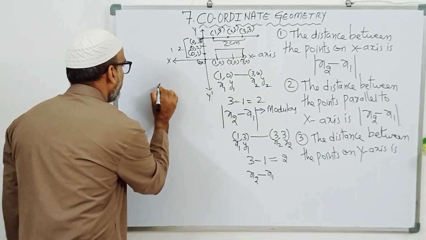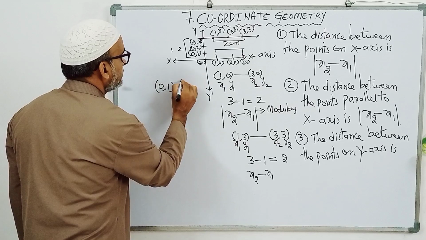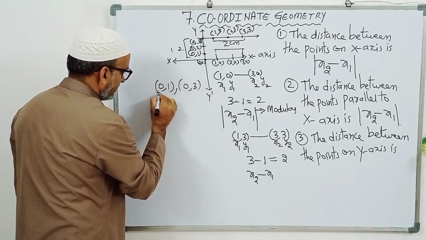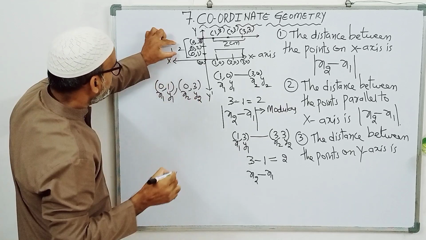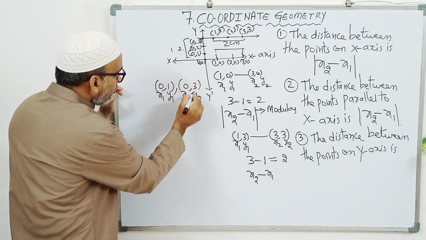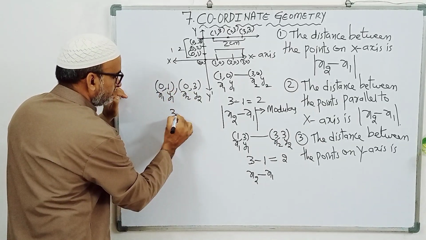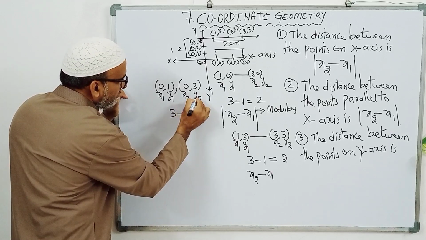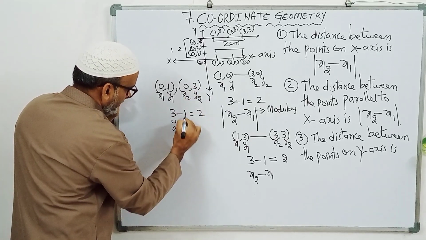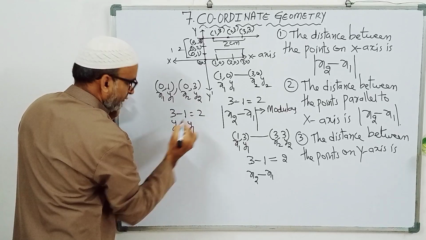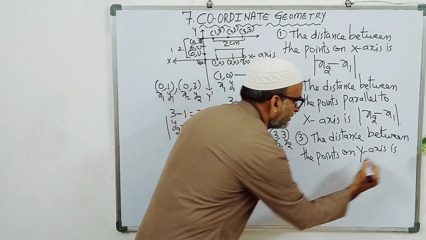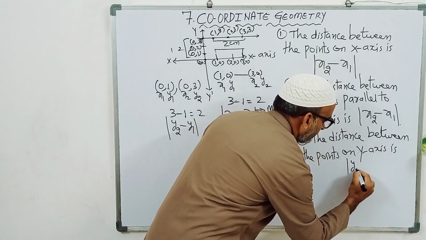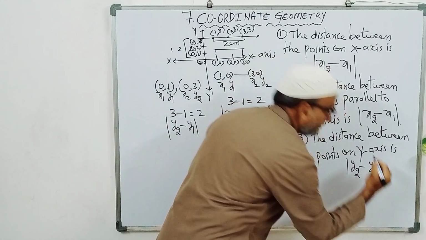Now from where to where? 0 comma 1 to 0 comma 3. This is x1, y1, x2, y2. Distance is 2 centimeters. How will you get it? 3 minus 1. But 3 is y2, 1 is y1. Distance means modulus. It is modulus of y2 minus y1.